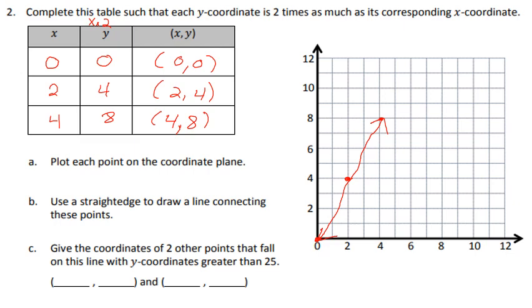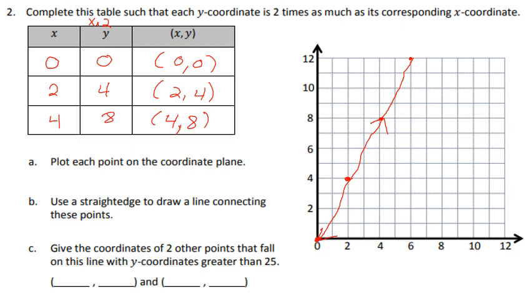Because anything with x times 2 would have started off at 0, 0 and would have extended all the way up. Now, if I'd have picked 6, my other coordinate would have been 12 up here. So the line would have continued to extend all the way up to here. And your points would have been anywhere on that line.